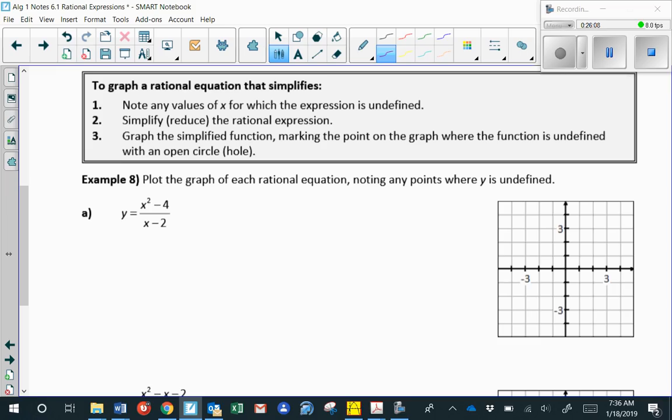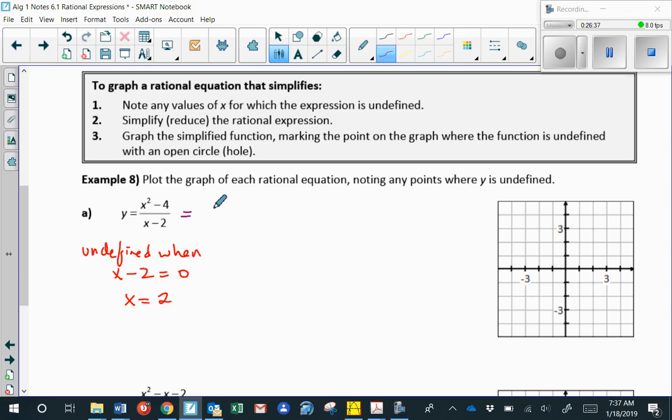All right, so let's take this expression right here. y equals x squared minus 4 over x minus 2. The first thing that we're going to do is to note where the expression is undefined. It's undefined when x minus 2 is equal to 0, or its denominator is equal to 0, or x equals 2.